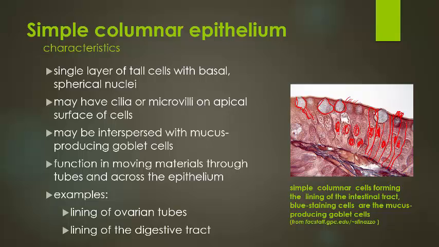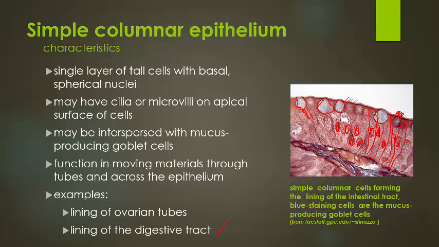And so we see them sometimes in the lining of the digestive tract. Especially down in the small intestine, we'll see digestive tract cells being built of simple columnar epithelia with the microvilli on them.